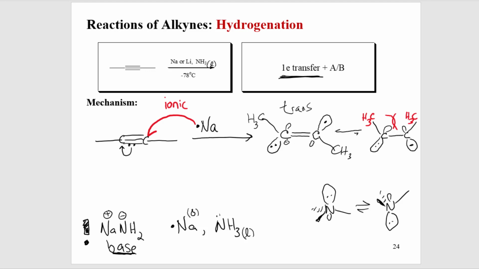And then what ensues is simply protonation, acid-base chemistry. The NH3, which is a very unlikely acid, serves to be the acid in this case. The negative carbon grabs the proton from the nitrogen, and voila, we have one of the hydrogens on our carbon now.